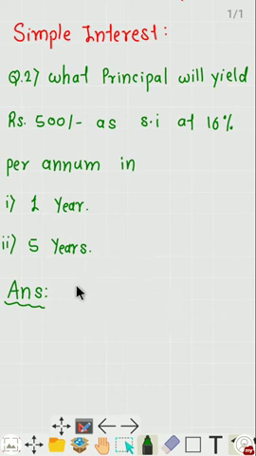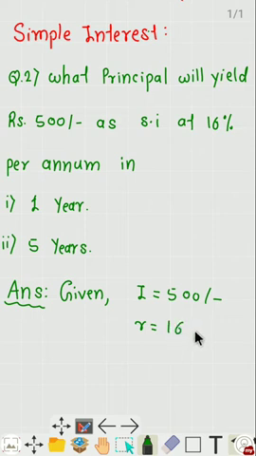Okay, so first of all we write what is given to you. Given that the simple interest I is equal to 500 rupees, and rate of interest R is given to you, it is 16% per annum.